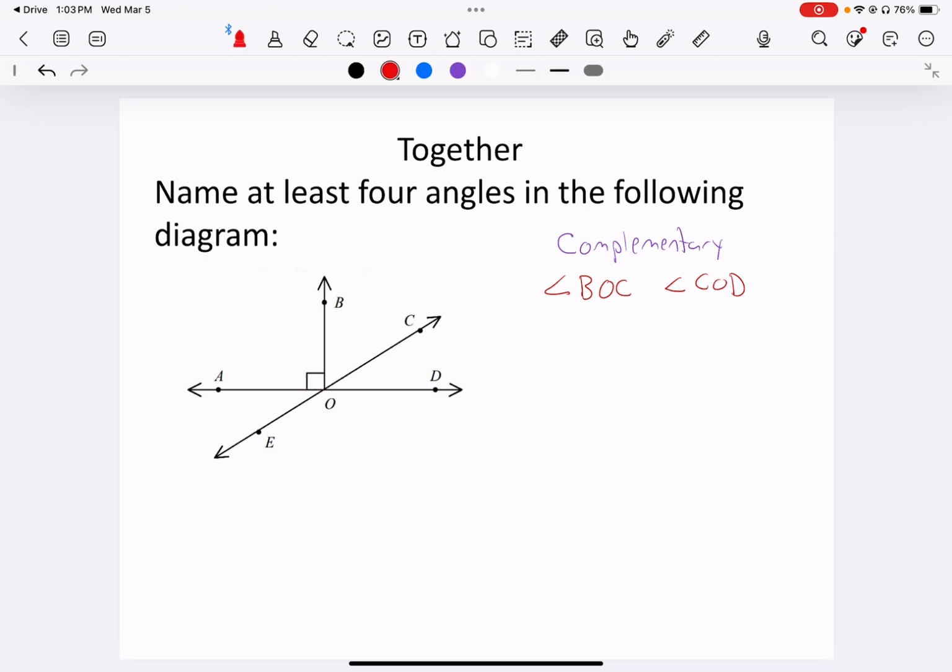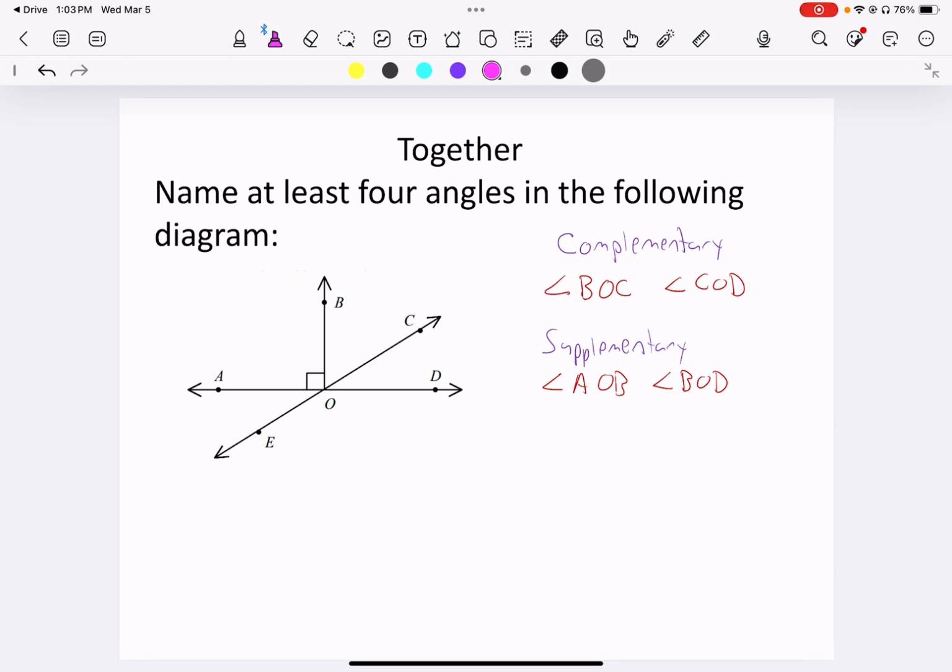The next type of angle are supplementary angles. Supplementary angles are two angles that form 180 degrees or form a straight line. So here's a straight line. So I can say that angle AOB and angle BOD form a straight line.